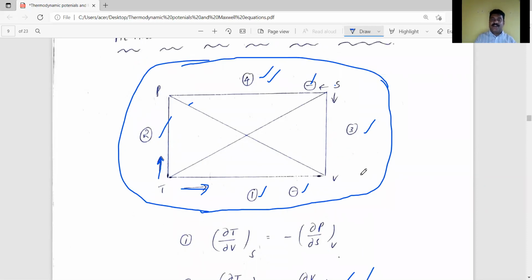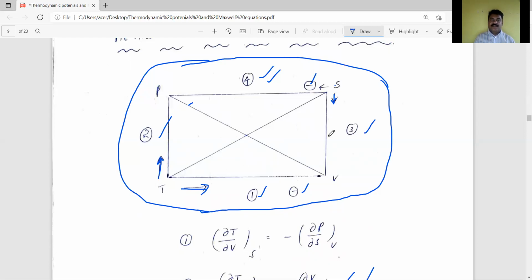Similarly, now you can write Maxwell's third equation also. Now, let us move to number 3 side. What is the arrow mark direction here? Here we have the arrow mark direction. So, you should start with the direction as shown here. Dou S by dou V at T. What is the diagonal letter of S?